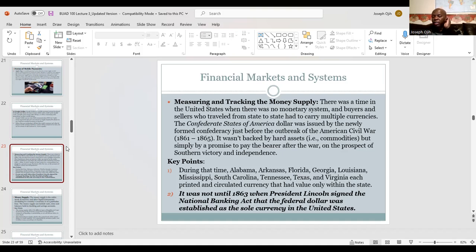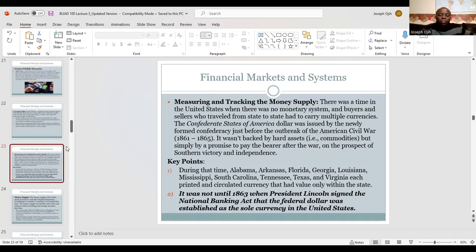But the Confederacy currency didn't have that kind of backing, and besides, the Confederate States didn't win the war. So that currency just disappeared like that.